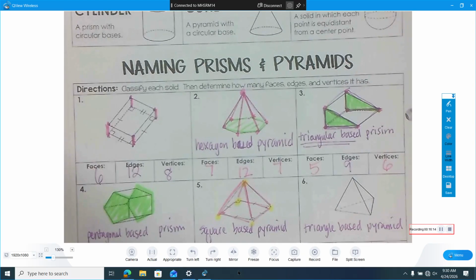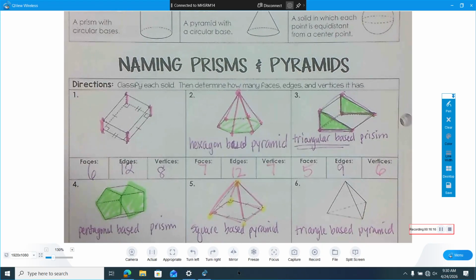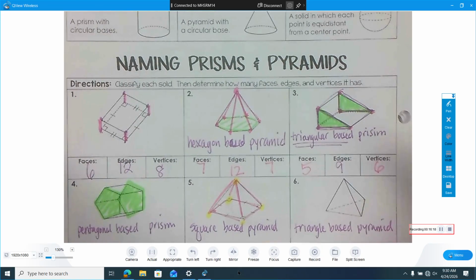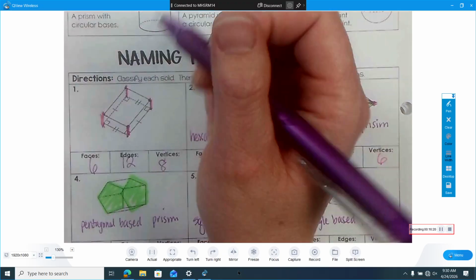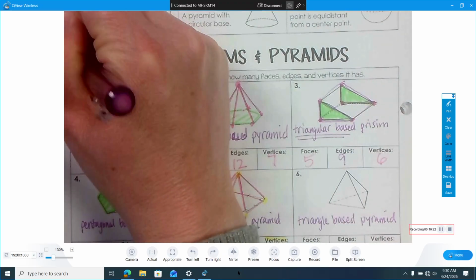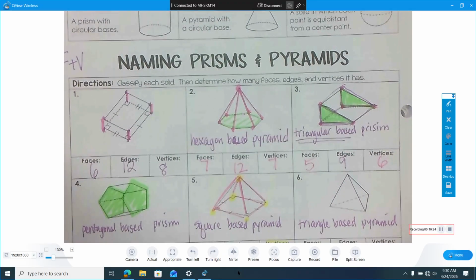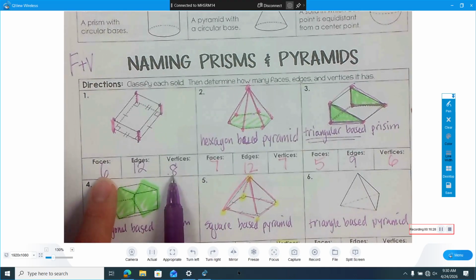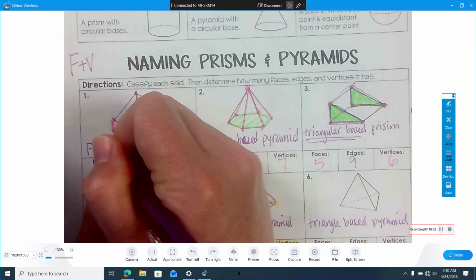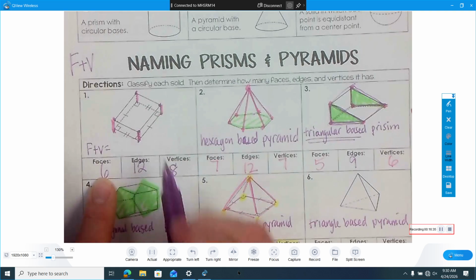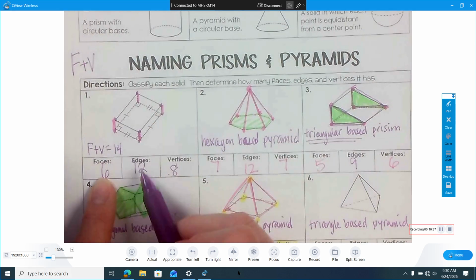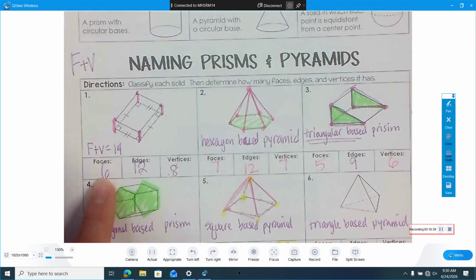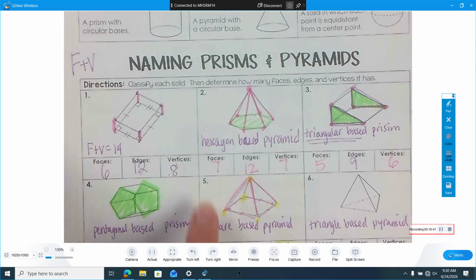Okay, let me ask you one more question. This is kind of an interesting thing. Add your faces plus vertices. What do you get? 14. How does it compare to the edges? 2 more.